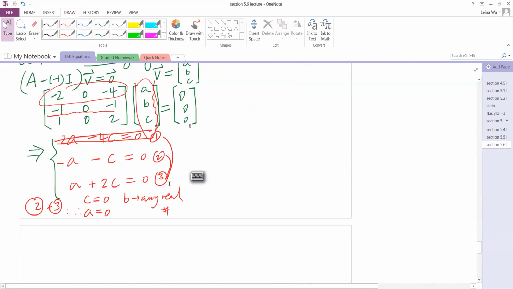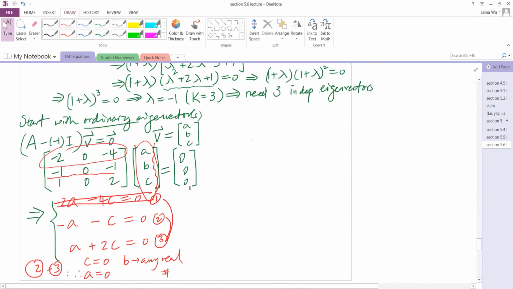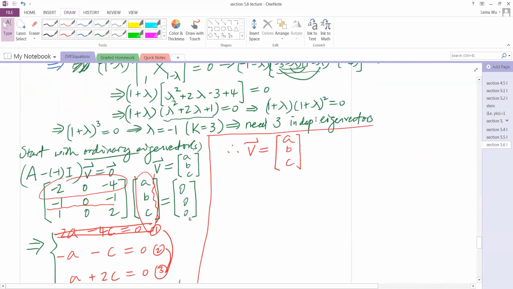All right, if we put this information together, we should have our eigenvector V, which is A, B, C, where A and C have to be 0. So let's put 0, B, 0. Good? Can we pull out the B?